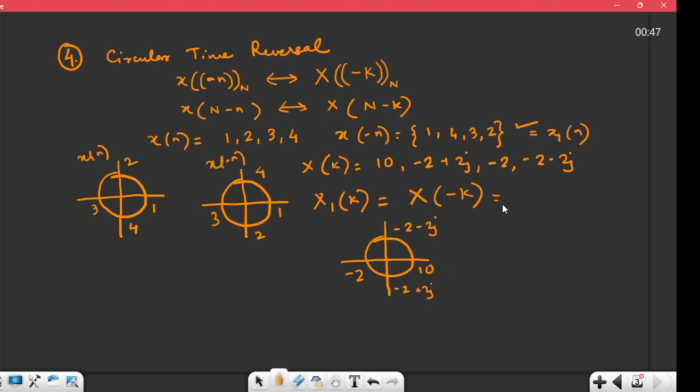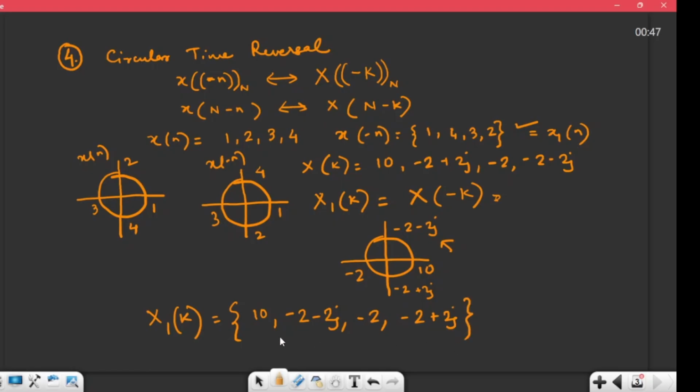Therefore, in sequence form, X1(k) is written as 10, and you go anti-clockwise: minus 2 minus 2j, minus 2, and minus 2 plus 2j.